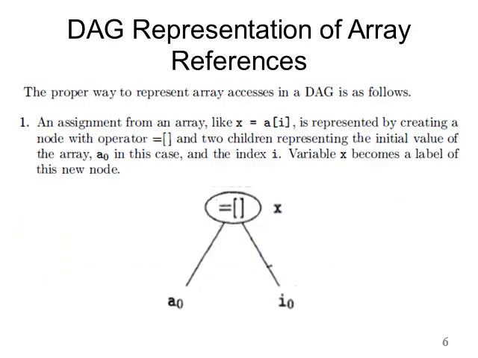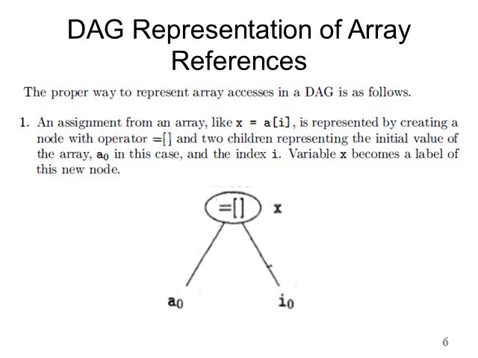Now we are going to learn the proper way to represent array access in a DAG. Suppose there is an assignment statement like, as we saw earlier, x equals a[i]. If you want to create it, this is the format for representing it in the DAG. A is the array name, which also consists of the starting address of the array, so it will be on the left side, and on the right side the index variable i.